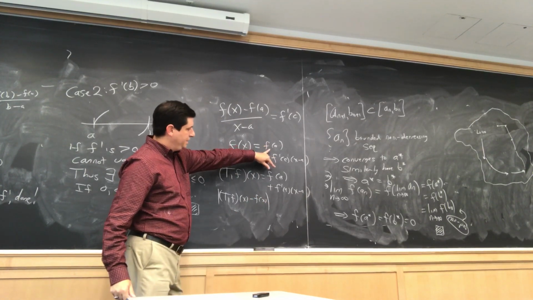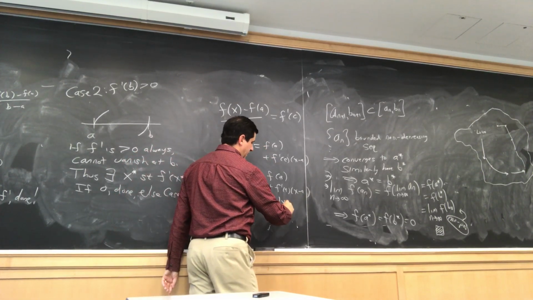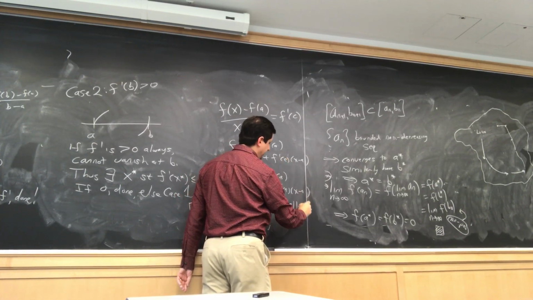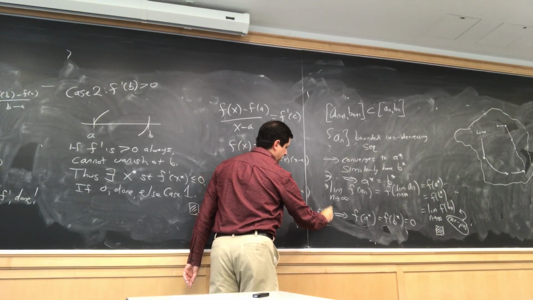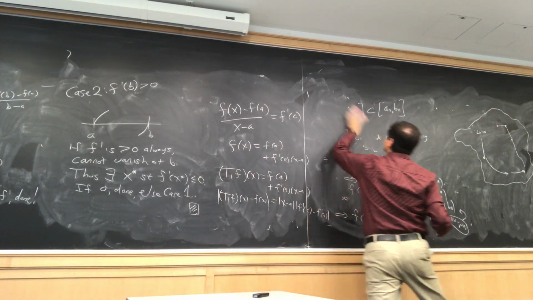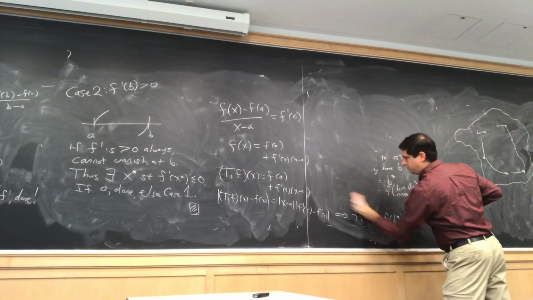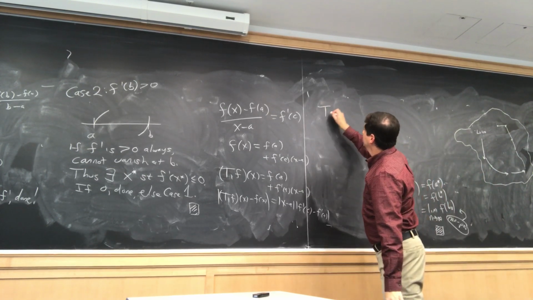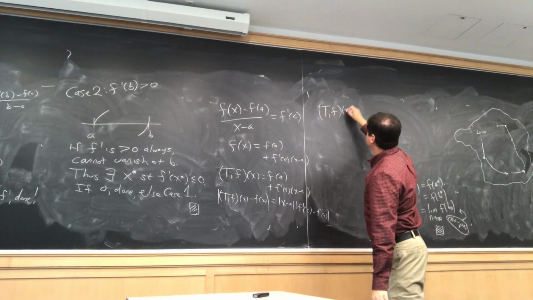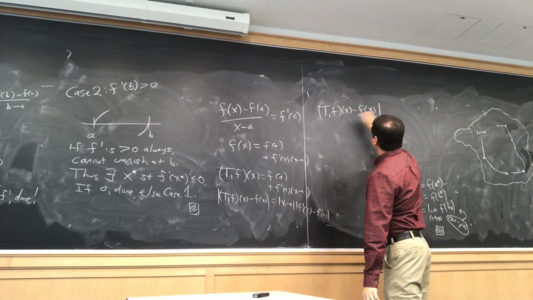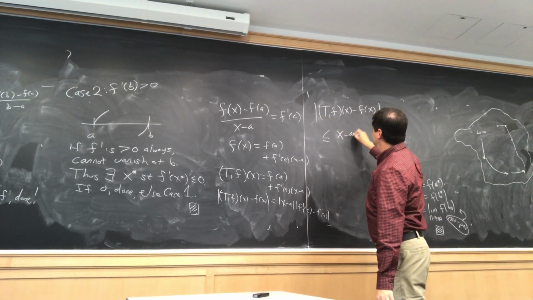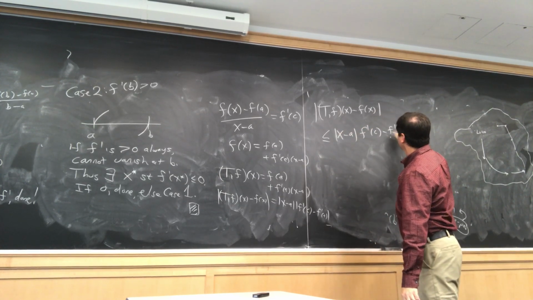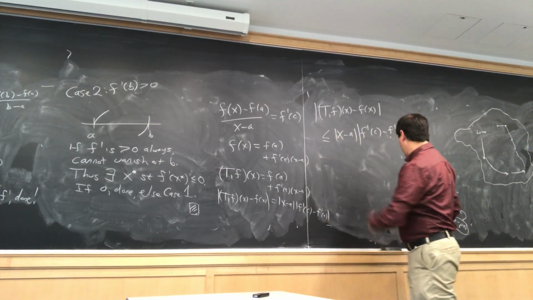And then the f of a's cancel. We'll get x minus a times f prime of c minus f prime of a. So this would be less than or equal to x minus a times f prime of c minus f prime of a. How would you estimate f prime of c minus f prime of a?